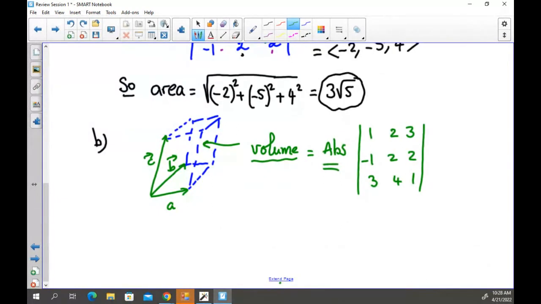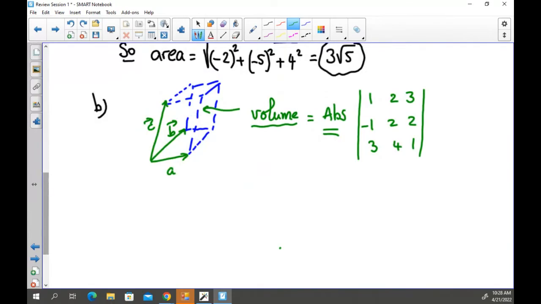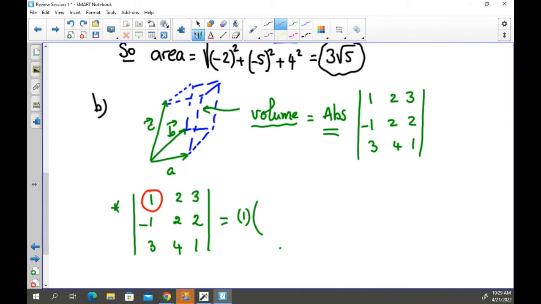Okay, so first you need to find the determinant of 1, 2, 3, -1, 2, 2, 3, 4, 1. It's going to be 1 times this times this minus this times this, so it's going to be -6.